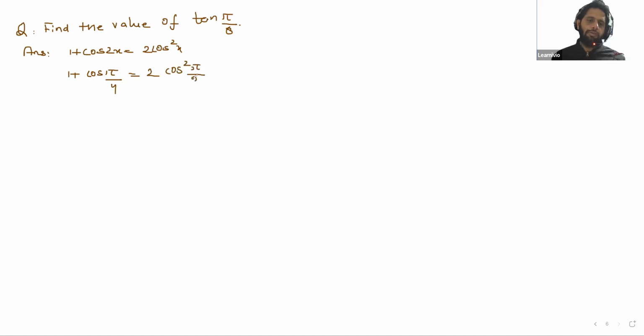Similarly, you can use this formula: 1 minus cos pi by 4 is equal to 2 sine square pi by 8. Shift this 2 to the left side, you can find the value of cos pi by 8 and sine pi by 8. Then finally you can use this formula.